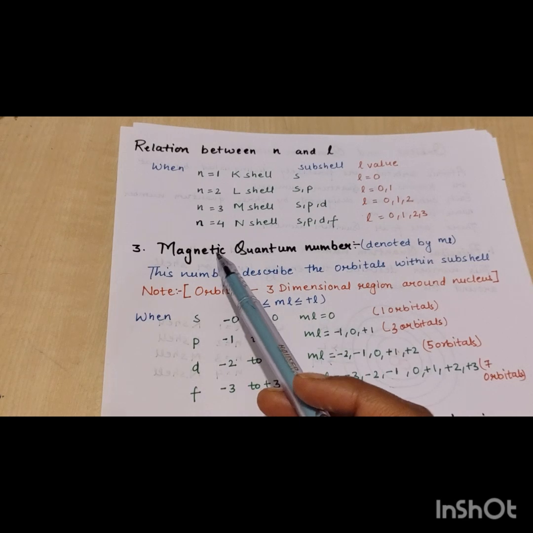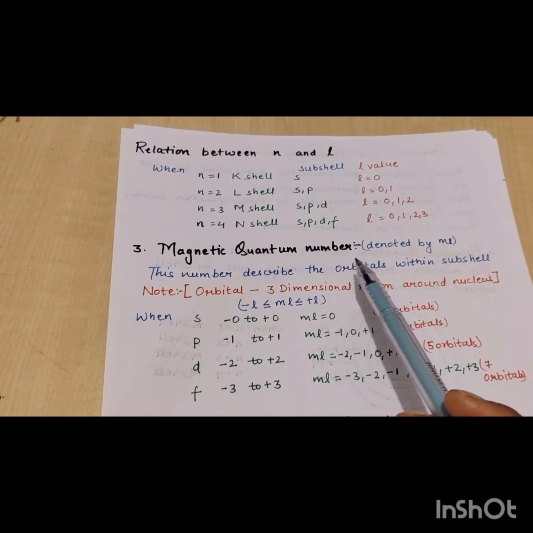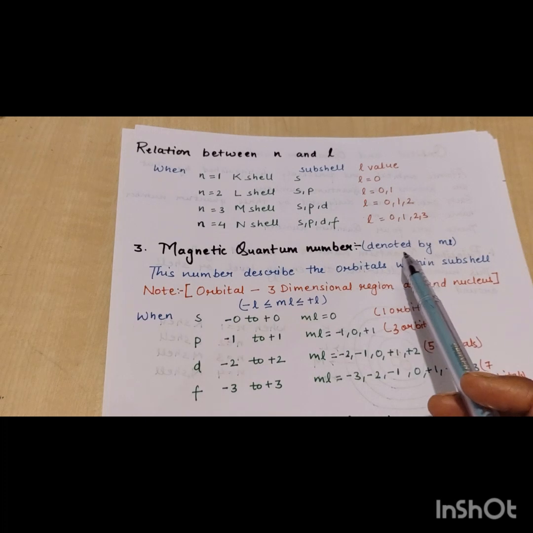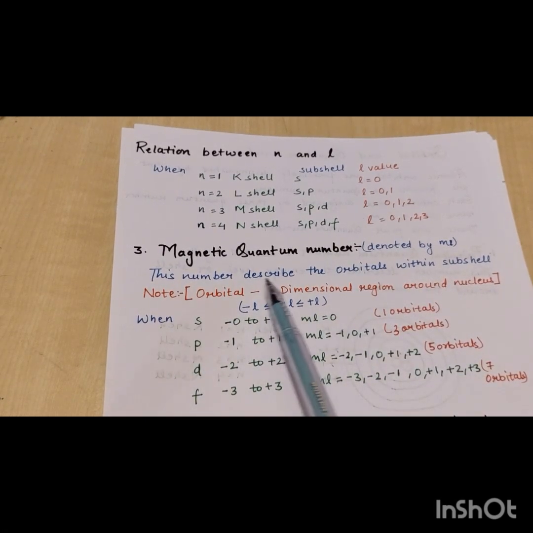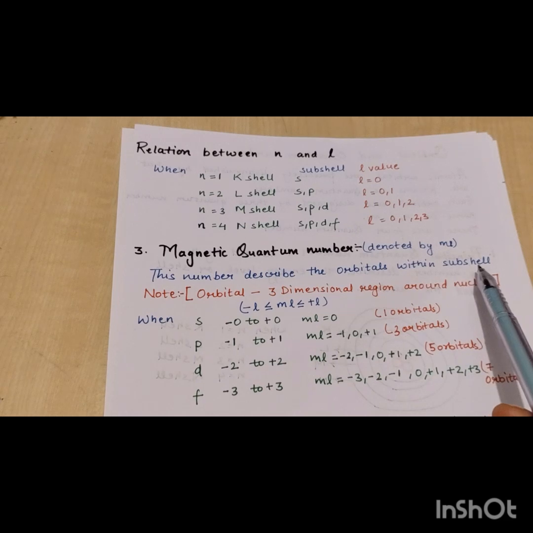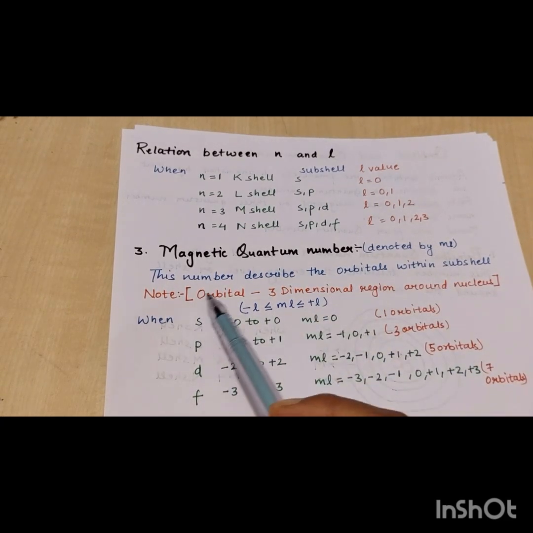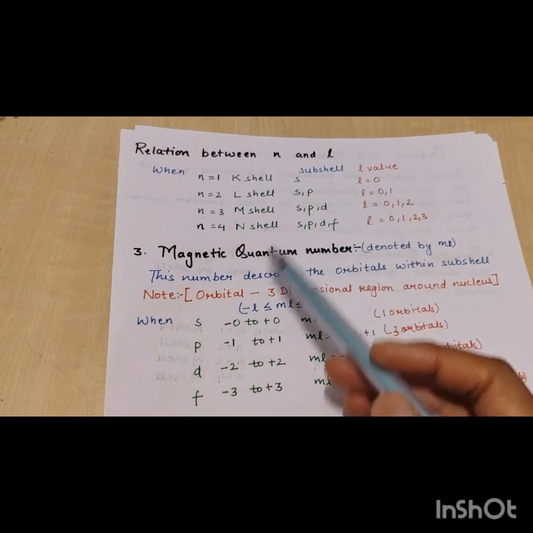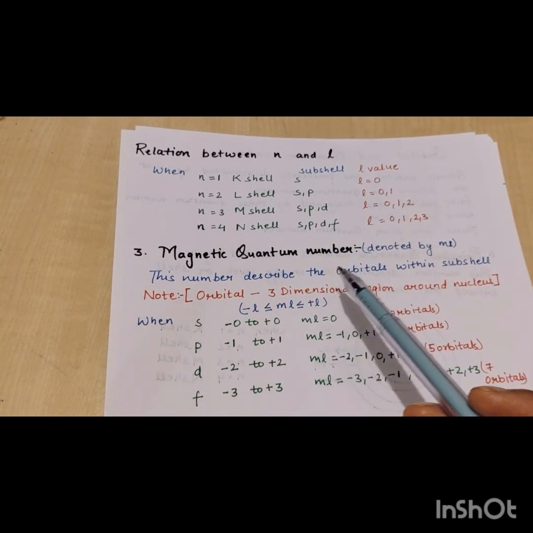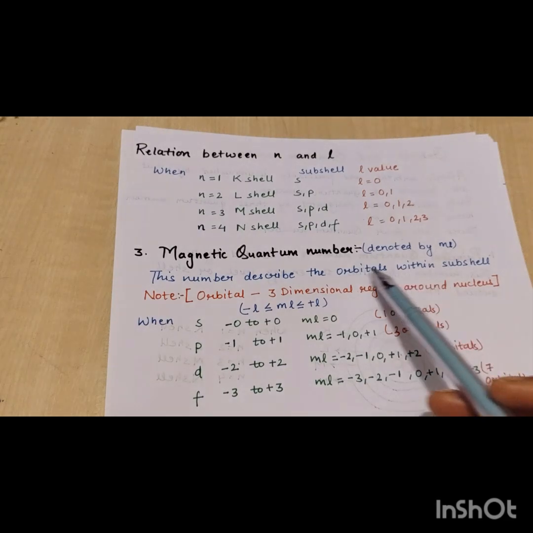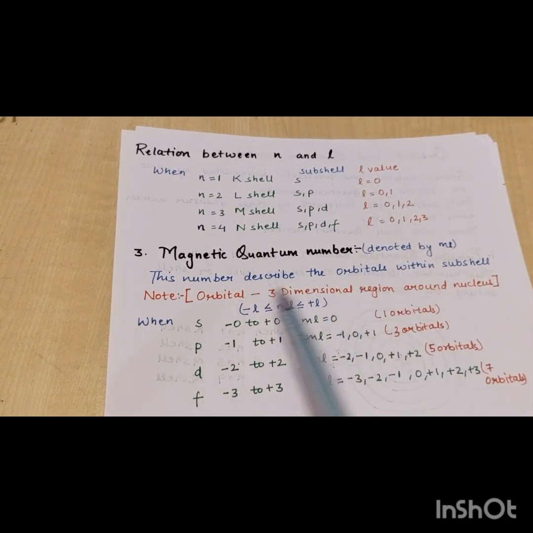Now moving towards the next, that is the magnetic quantum number, which is denoted by ml. This number describes the orbital within a subshell. You saw that there is a main energy level, then further subshells, and then again orbitals within the subshell.